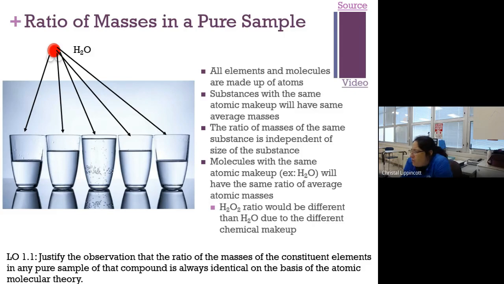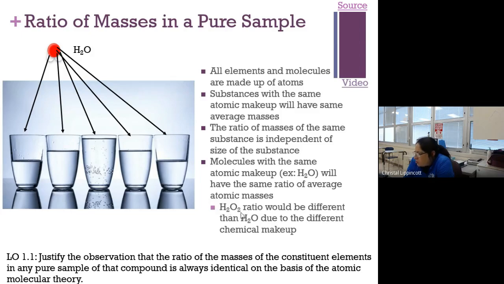All right, so first one here, we're talking about how all elements and molecules are made up of atoms. Substances with the same atomic makeup have the same average mass. The ratio of masses of the same substances is independent of the size. Molecules with the same atomic makeup will have the same ratio of average atomic masses.